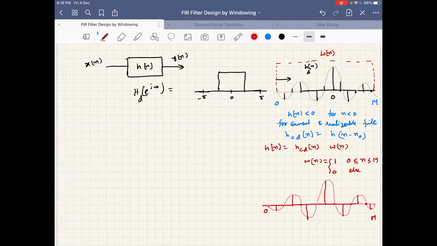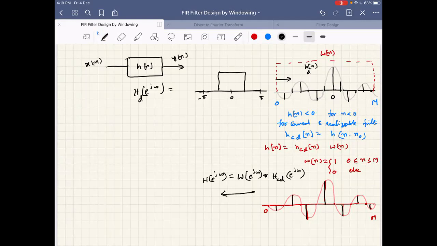0 to M. These are the samples of h of n, which are truncated from hd of n and also a delayed version of hd of n. So given these samples as h of n, what we wish to do is: our practical filter, which is H of e power j omega, will be obtained as the convolution of W of e power j omega along with the desired frequency response Hd of e power j omega.